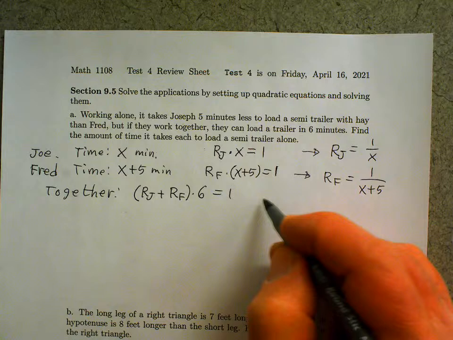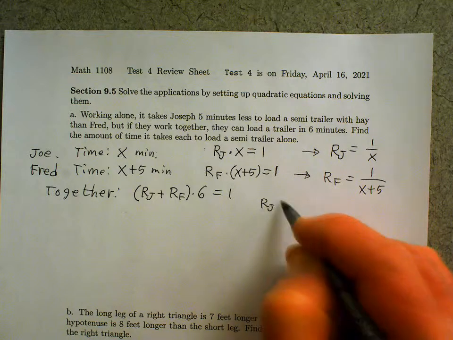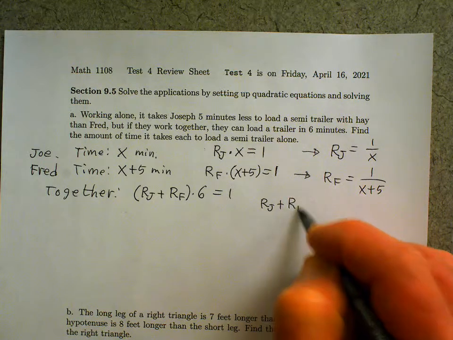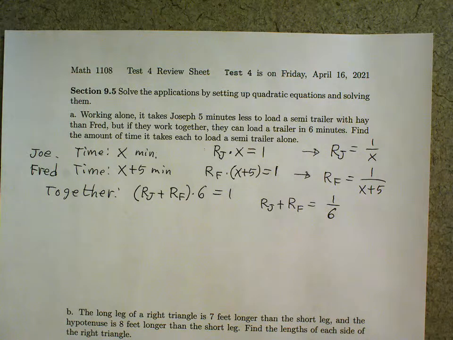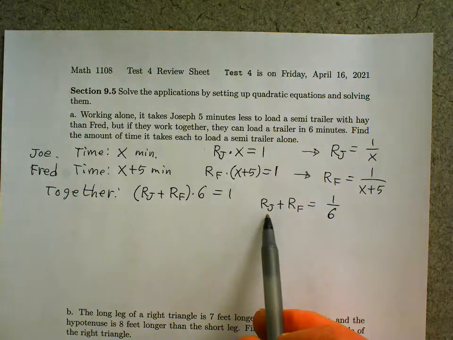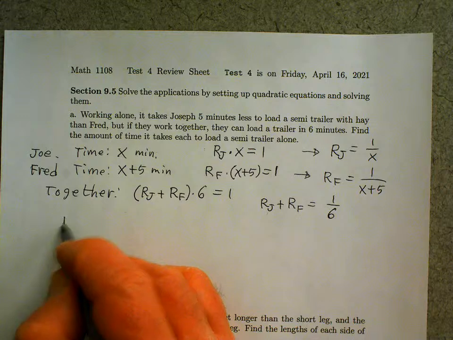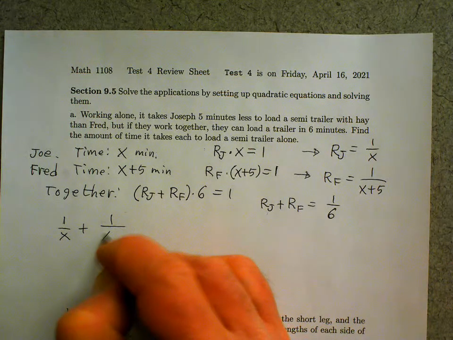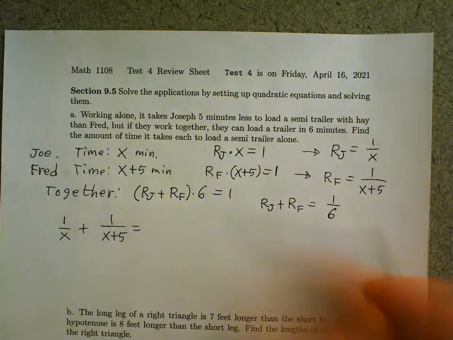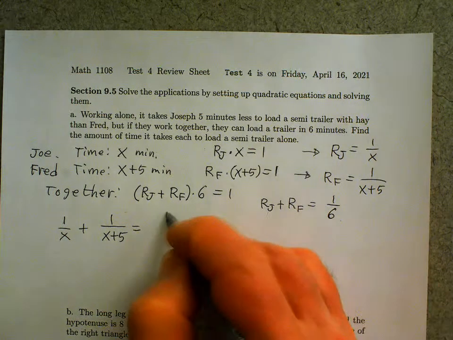And the sum of the rates, Joe's rate plus Fred's rate, is 1 over 6. In the next step, we replace Joe's rate in this equation with 1 over x. So 1 over x, and then plus Fred's rate, which is 1 over x plus 5. They add up to 1 over 6.